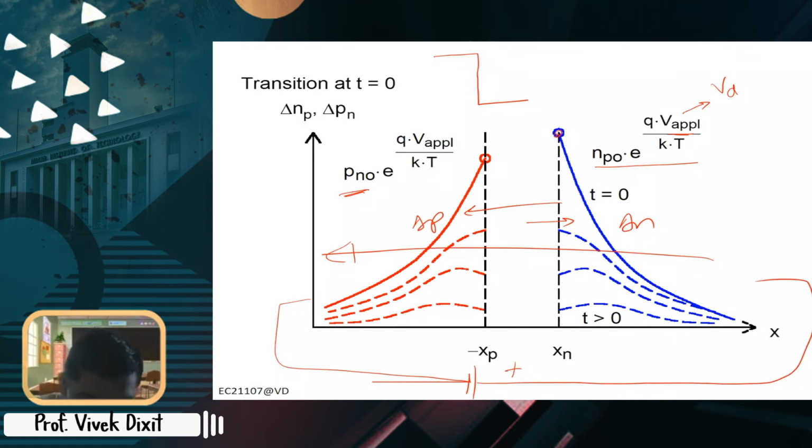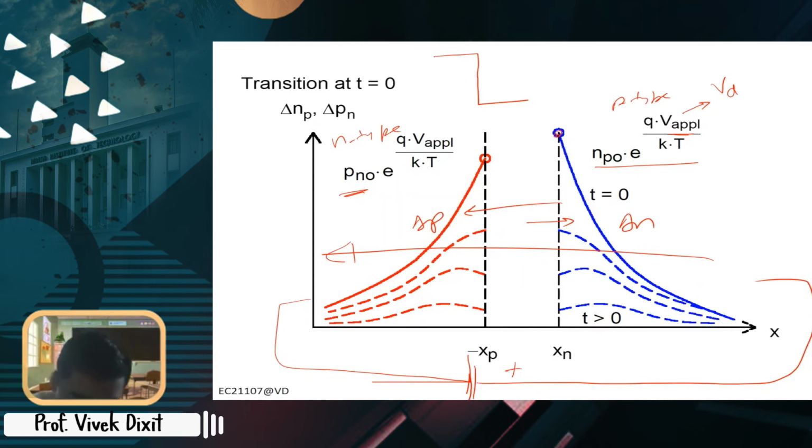Wait, this is minority, right? So it's N type, and this is P type, right? So it was positive, right? So current was flowing from right to left.